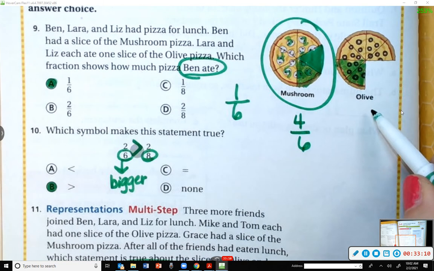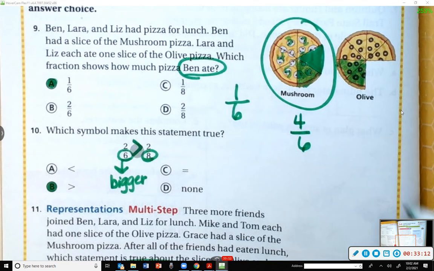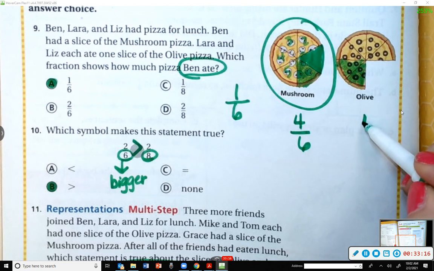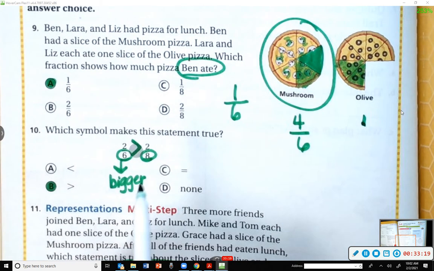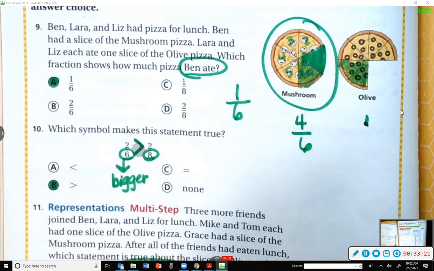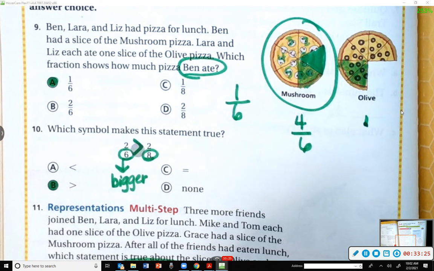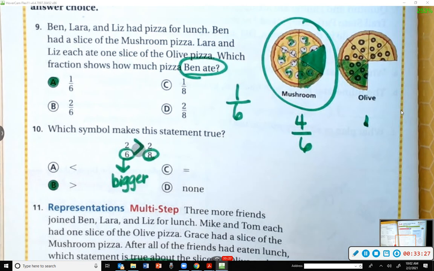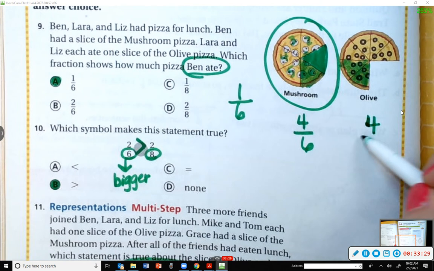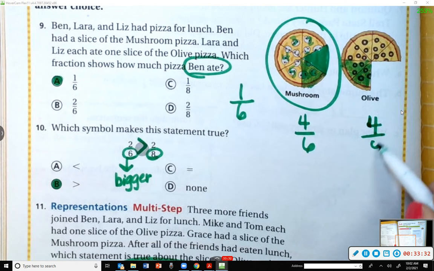And over here, Javea, how much was left? It's not a trick question, guys. Look at the pizza. How many pieces are left? Say that again. 4. 4 out of how many? 8. Good.